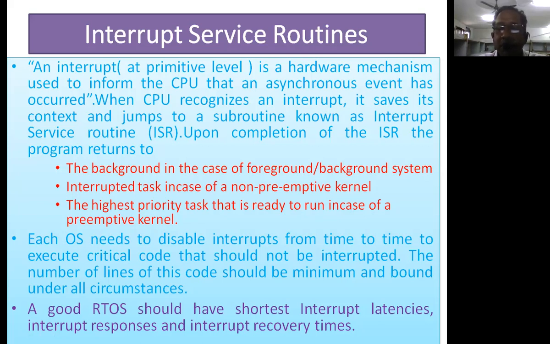Just now we discussed, a CPU or a processor periodically looks into the external interrupt. If it finds that an interrupt has taken place, then after recognizing the interrupt, the CPU saves its context, that is, it saves its task data in the stack register and jumps to the subroutine known as the interrupt service subroutine. Now there is a predefined interrupt service subroutine.